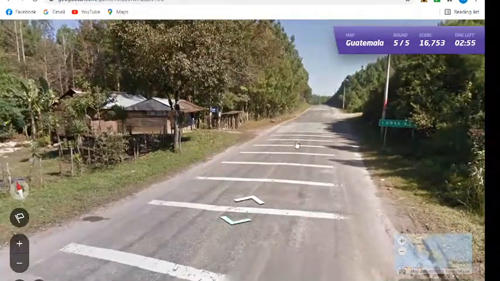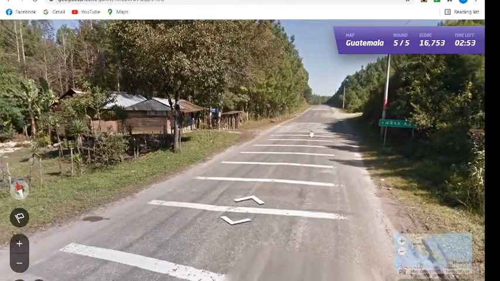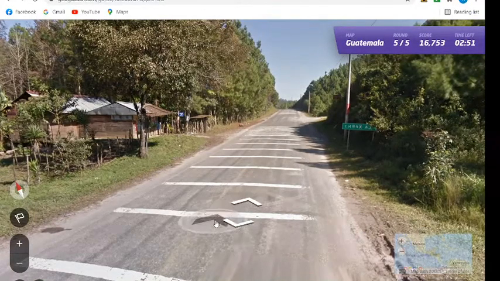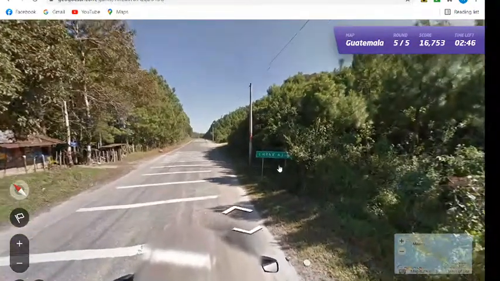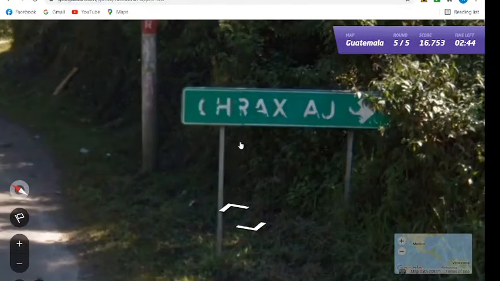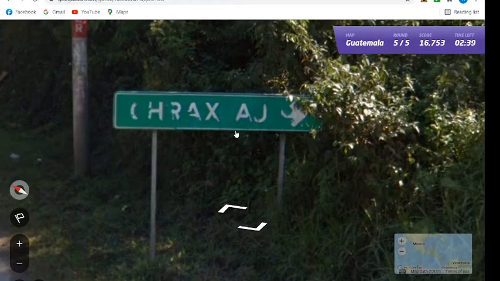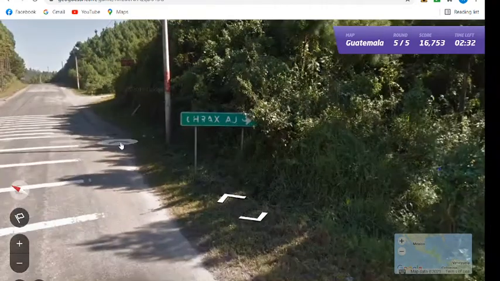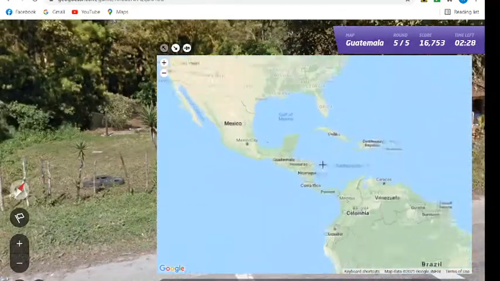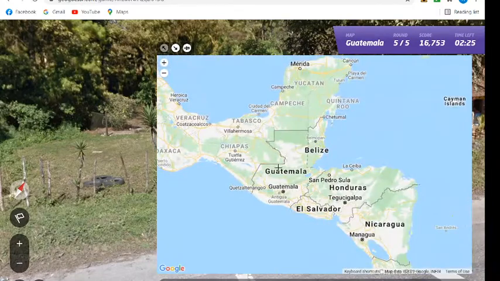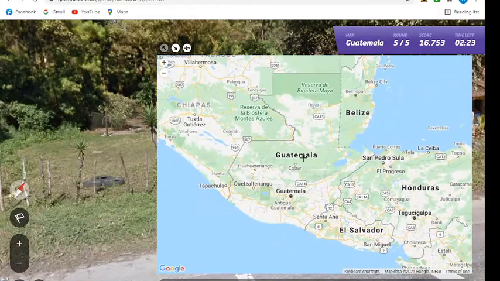These stripes here on the road, white stripes, a whole bunch of them. That's something that you see in Guatemala. I don't know if anyone else does that. This looks like a sign that is deteriorated, but it looks like a Mayan place name. Uh, Traxa, or... In Guatemala, I've noticed that the Mayan place names tend to be outlying.